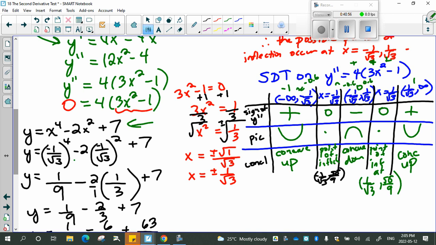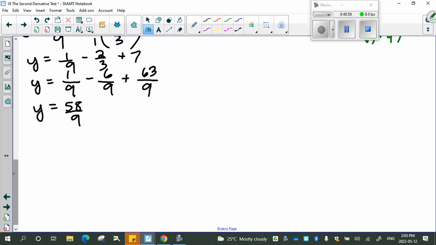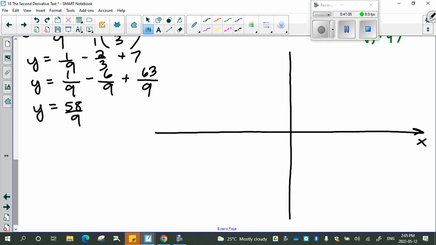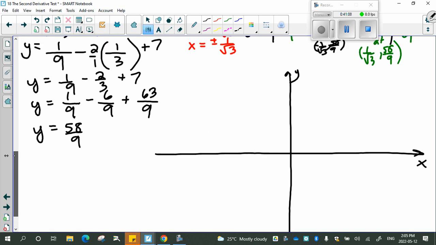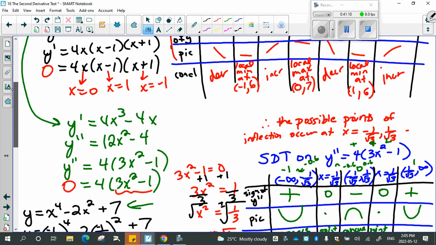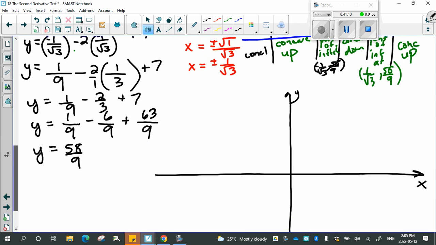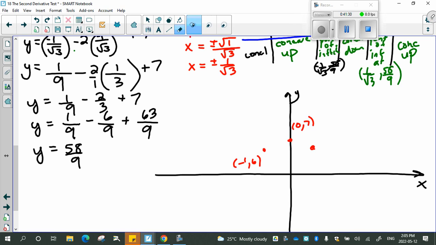All right, now we want to put our information together in a sketch. So we go back to our first chart here. We want negative 1, 6, 0, 7, and 1, 6. So negative 1, 6, 0, 7, positive 1, 6.